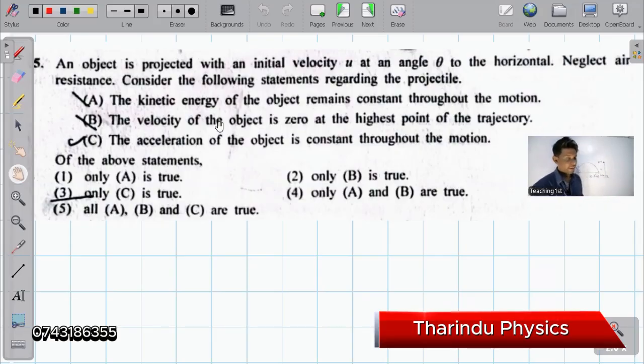But when we observe this question in a more scrutinized, more sophisticated way, B and C both should be correct. There is no such choice given here. I have seen this type of question mostly in Edexcel, Cambridge, AQA, and the Indian syllabus like JEE Main. They also consider the second answer as true. But here, according to the choices, the most suitable answer is the third one.